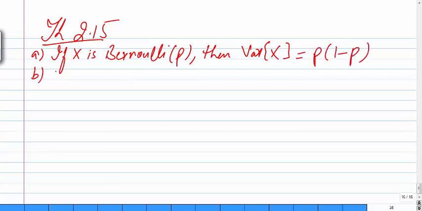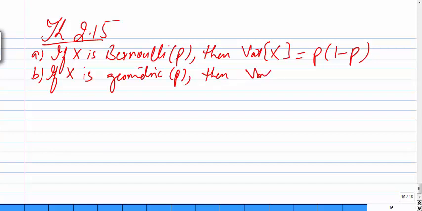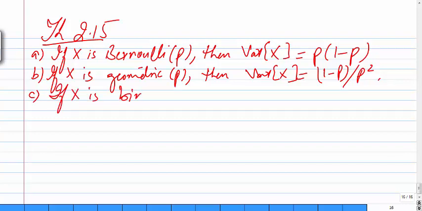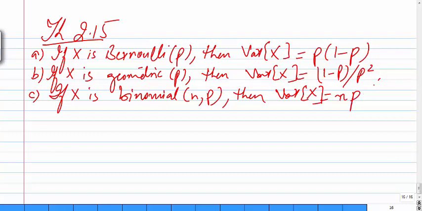Second one is, if x is geometric p, then variance of x in case of geometric becomes 1 minus p divided by p square. The third one is, if x is binomial n comma p, then variance of x is equal to np times 1 minus p.